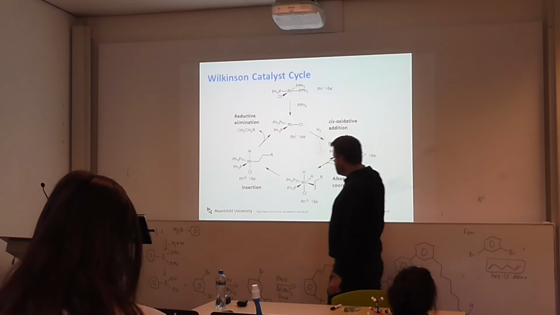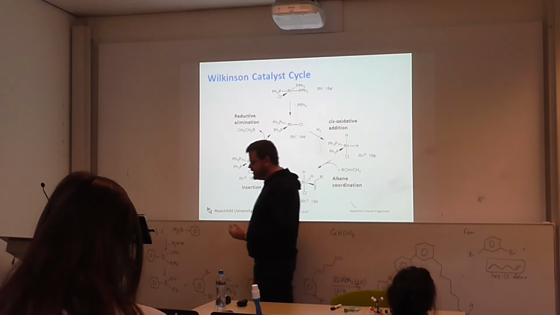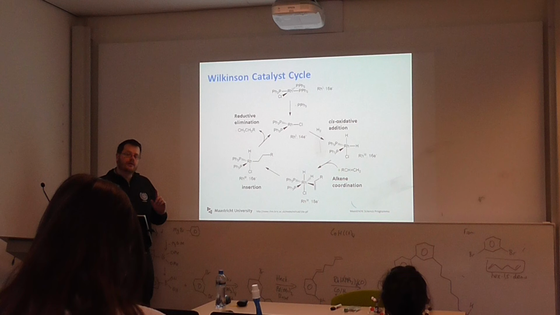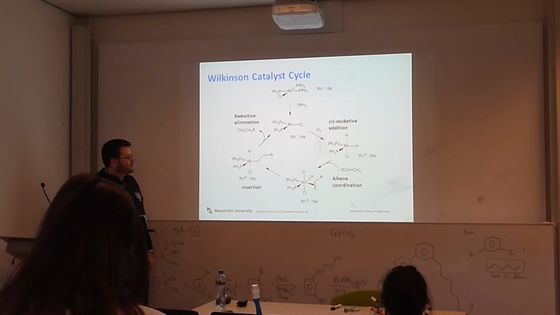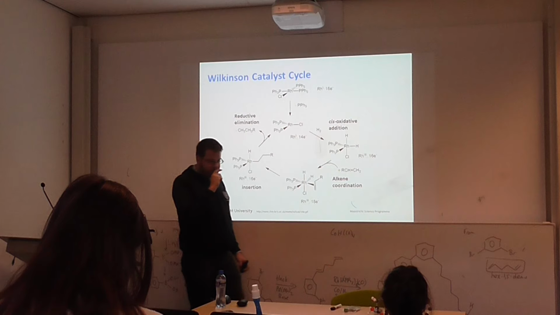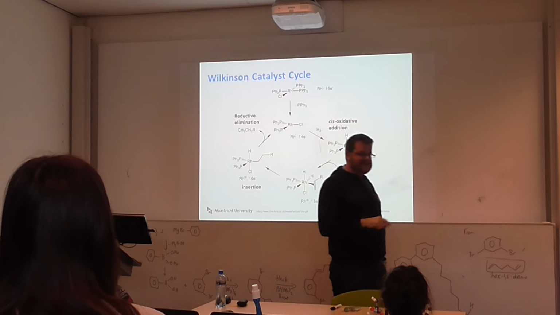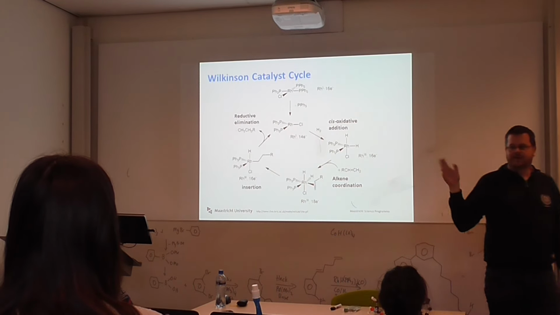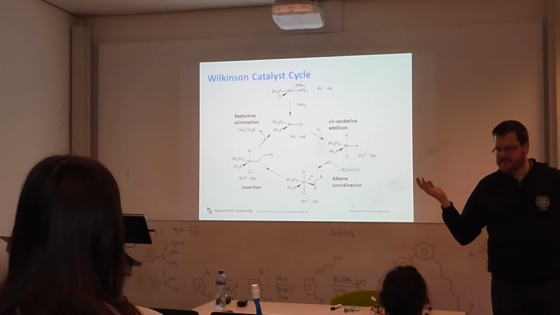Now this is an insertion of an alkene into a metal hydride. Now remember, we have two hydrides, so what happens in the last step? Reductive elimination, and we form the saturated alkane. Now remember, for the reductive elimination to take place, the H and the alkyl group have to be mutually cis.